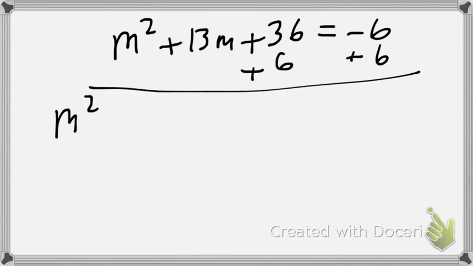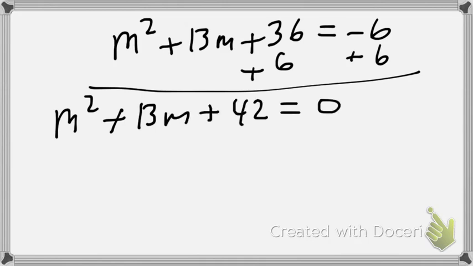So we have m squared plus 13m plus 42 equals 0. We want factors of a times c. So your a is 1, your c is 42. Multiply those together. So factors of 42, that sum to 13, your b.